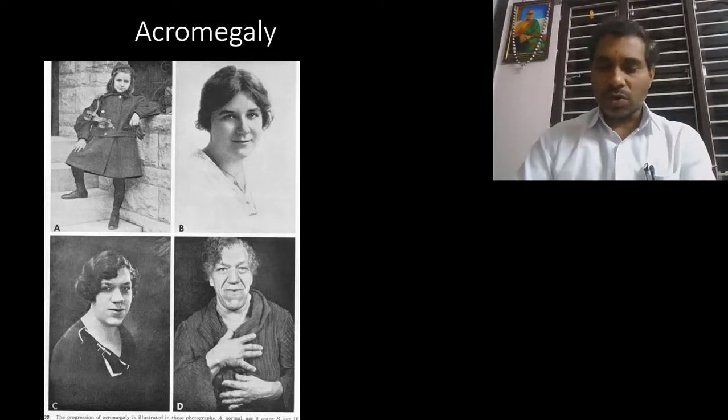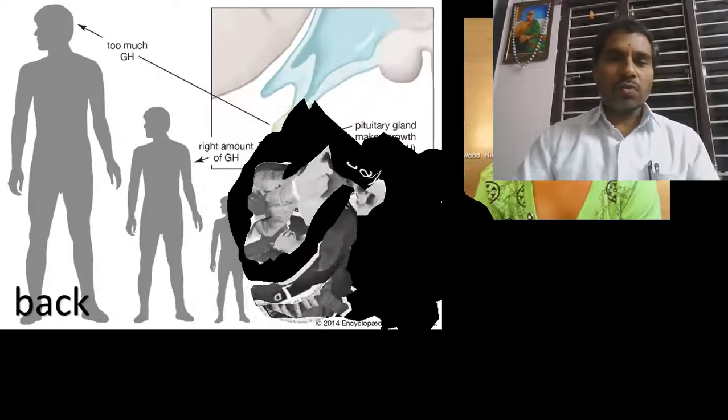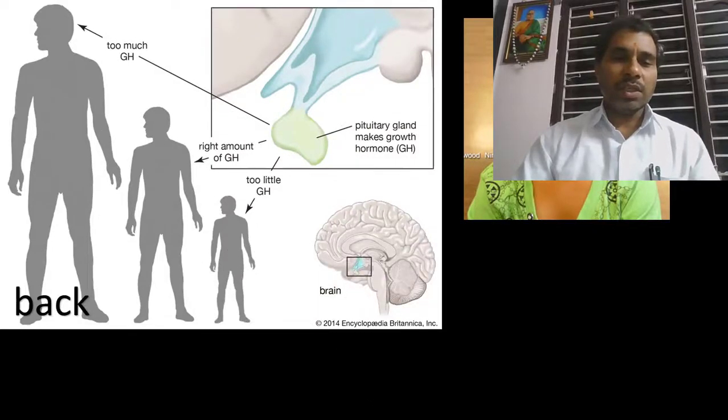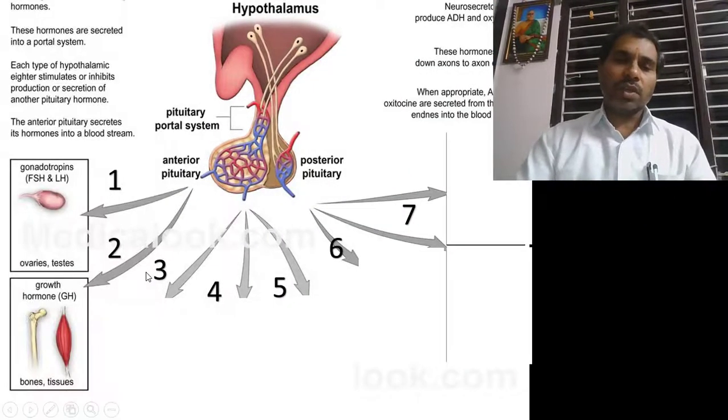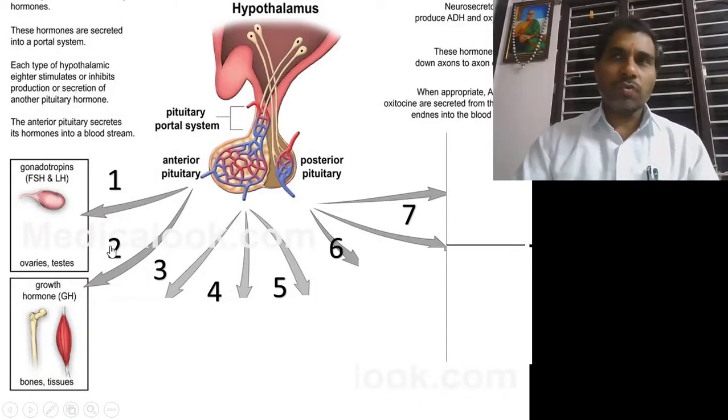So that is called acromegaly. When the amount of this hormone is decreased, the disease is called dwarfism. So the deficiency of this hormone leads to dwarfism. This is the effect of growth hormone, which is secreted from the anterior pituitary.